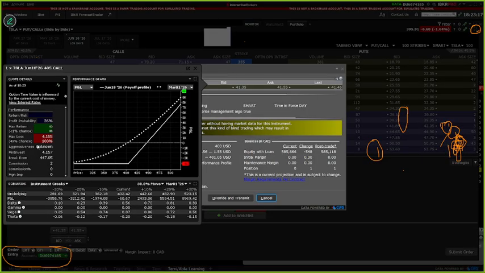It's telling you that the profit is 36%, your max return is infinite. But if you lose anything, you only lose what you put in. So it's telling you that if you make 10%, you'll be making 2,400. It calculates it for you down here.